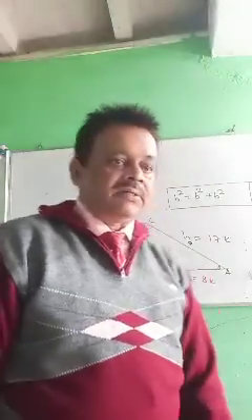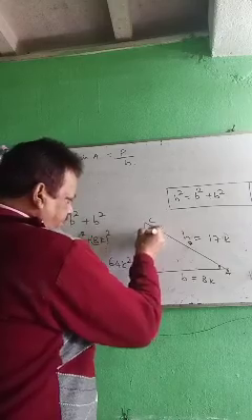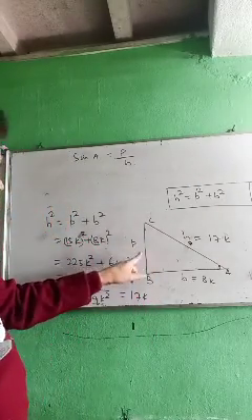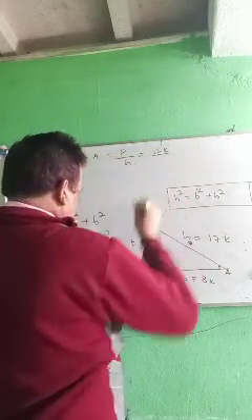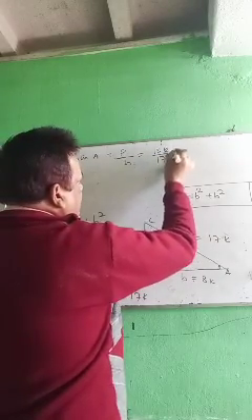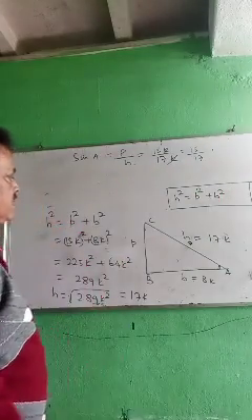Then no mistake will come out. So sin A is P by H. P means this one, P. P is how much? Now 15K. This is 15K by H, 17K. K is cancelled. 15 by 17.